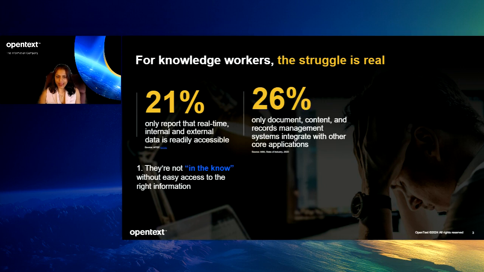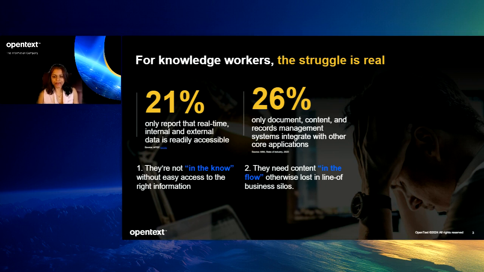Another survey by AIIM reveals that only 26% of document, content, and records management systems integrate with other core applications. This lack of integration means cross-departmental processes often suffer from inconsistent information across systems. As a result, workers must search through each application separately to find accurate information.